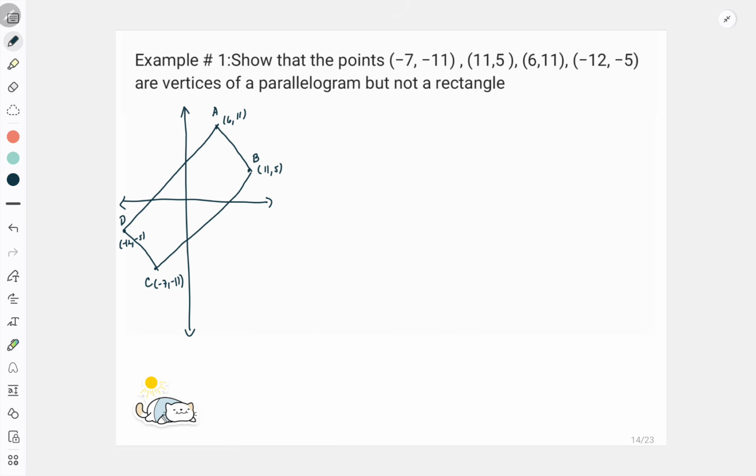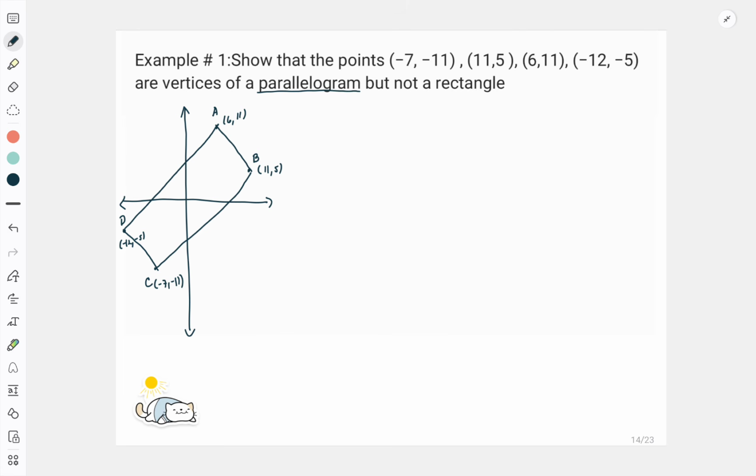So, what should we do to test that something forms a parallelogram? What is a parallelogram? A parallelogram is a quadrilateral with two pairs of parallel sides. So, we have to establish that the opposite sides of this quadrilateral are parallel to each other. Now, how do we show that it's not a rectangle?